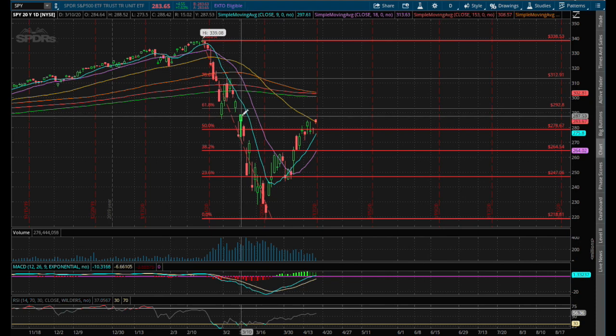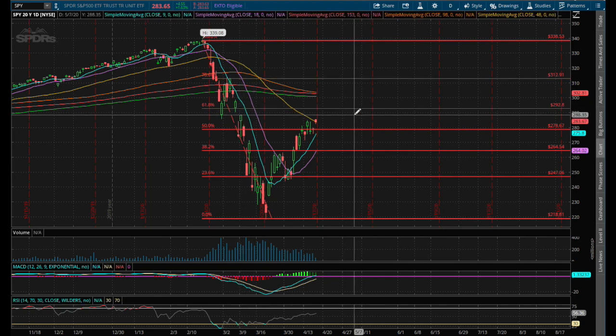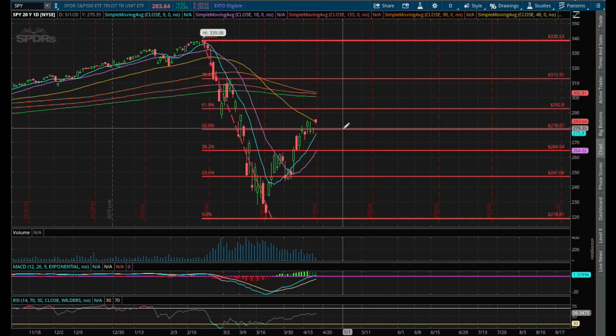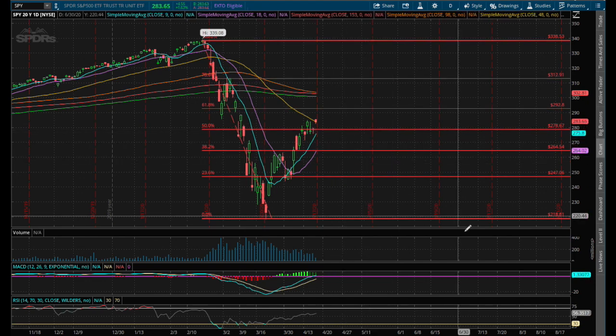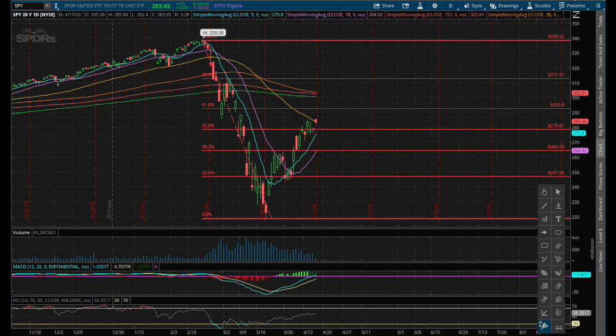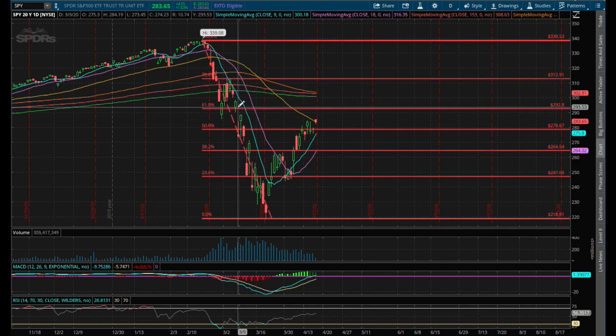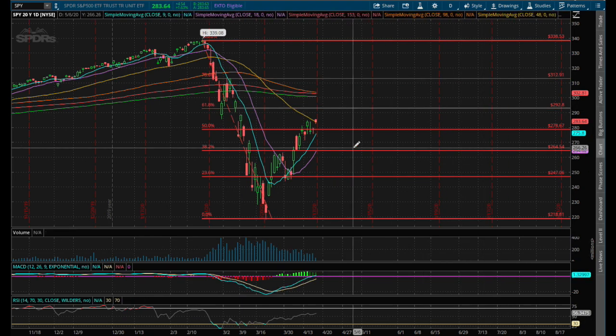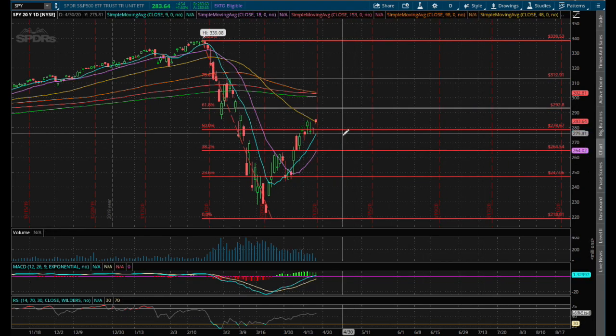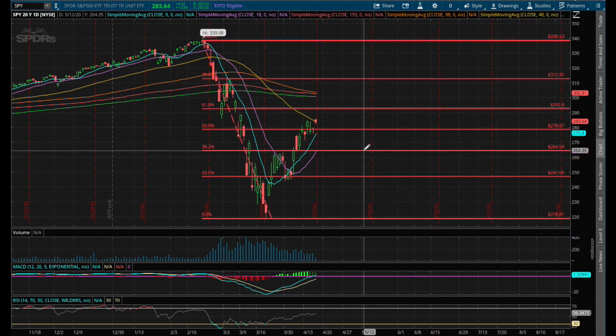So we may attempt to fill in that gap and possibly head lower in the meantime. At the moment, we do have that as our resistance. So that is around the price of $293.30.